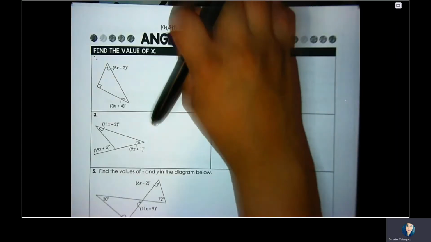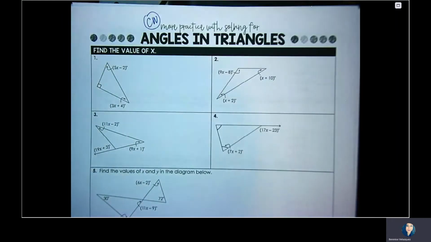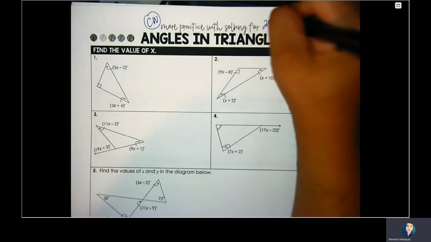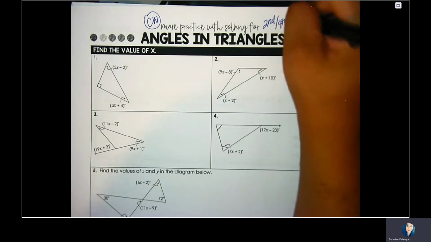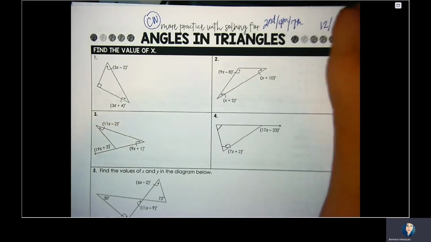So here is the classwork that we're working on. I'm going to put on here CW, so I know that this is classwork and not homework. So this is going to be, again, either 2nd, 4th, or 7th period. And if we wanted to put a date on it, this should be not the 7th, should be the 8th, I believe.